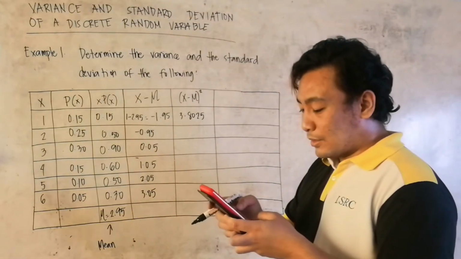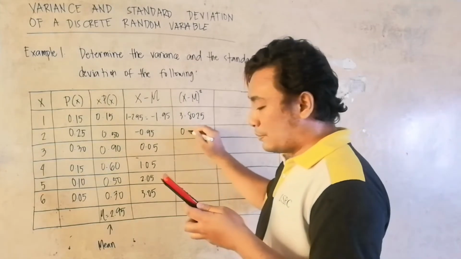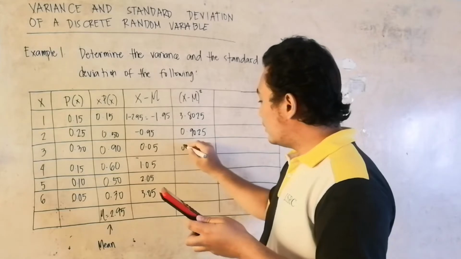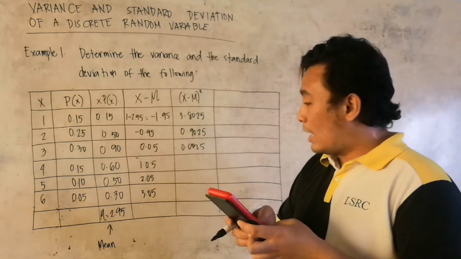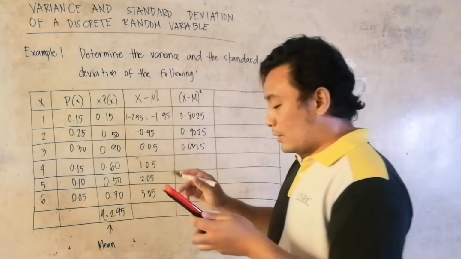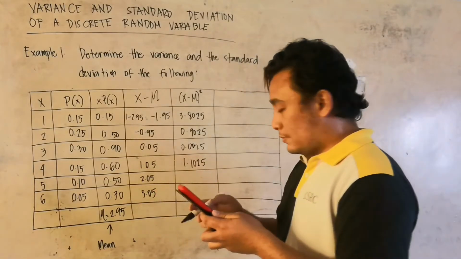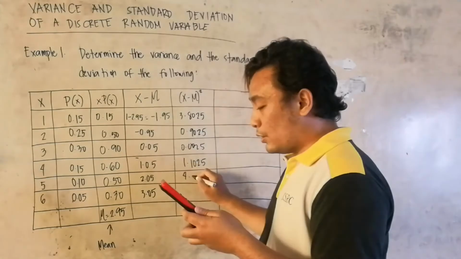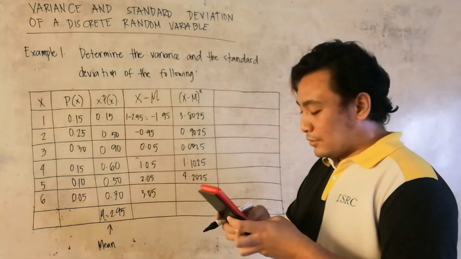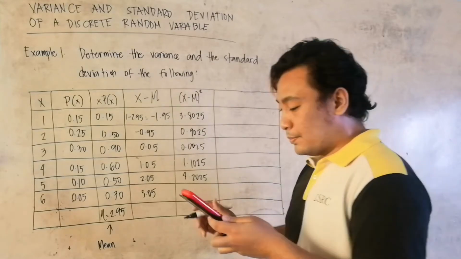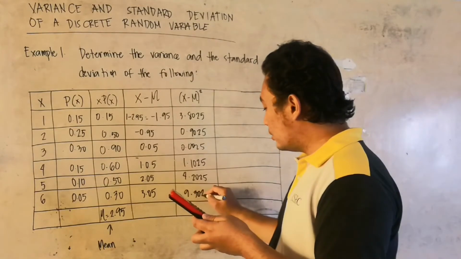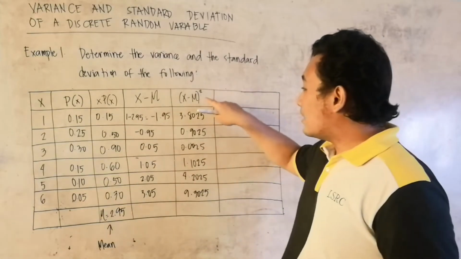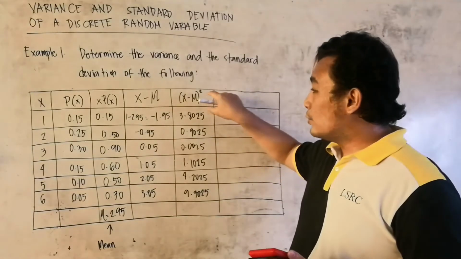And then negative 0.95 squared is equal to 0.9025. 0.05 squared is equal to 0.0025. 1.05 squared is equal to 1.1025. 2.05 squared is equal to 4.2025, and lastly we have 3.05 squared is equal to 9.3025.